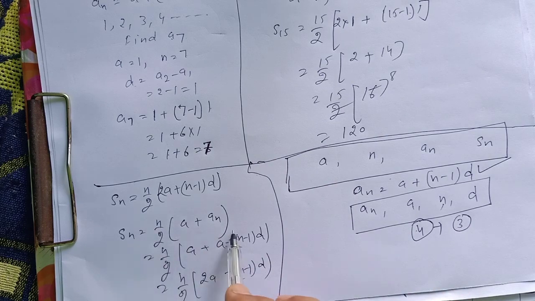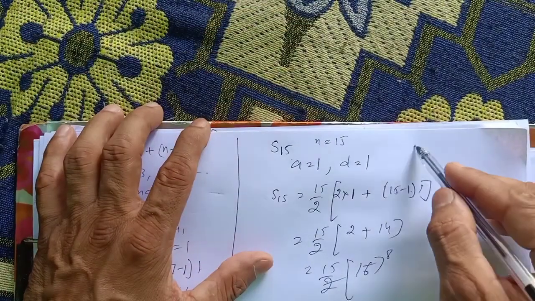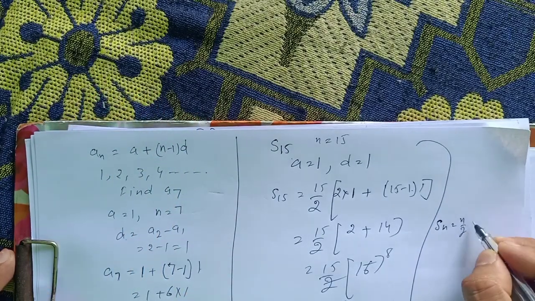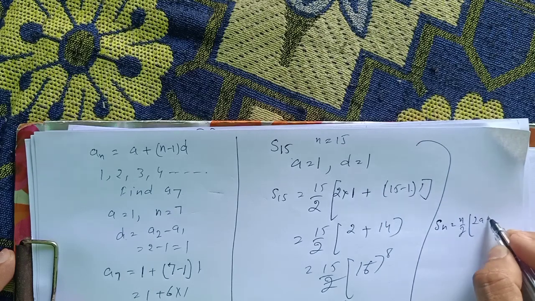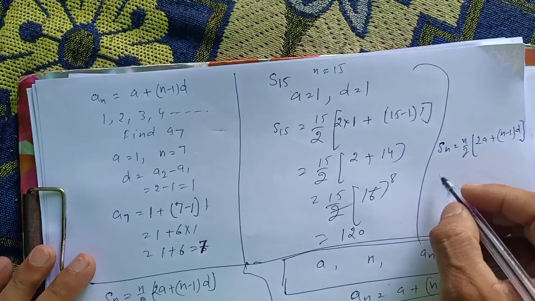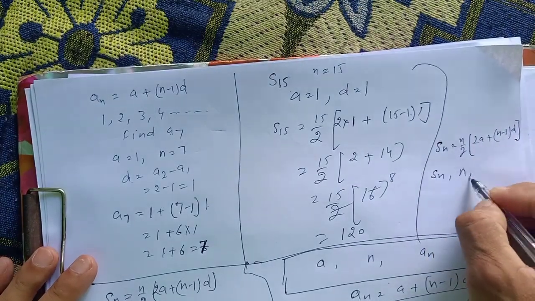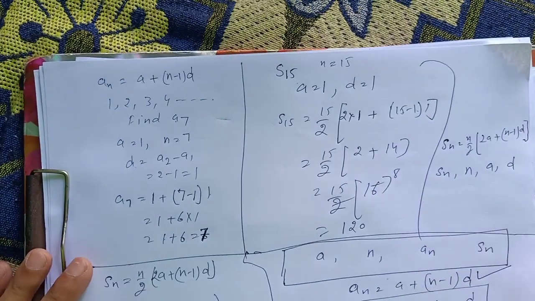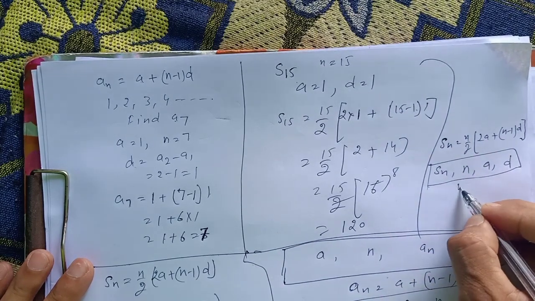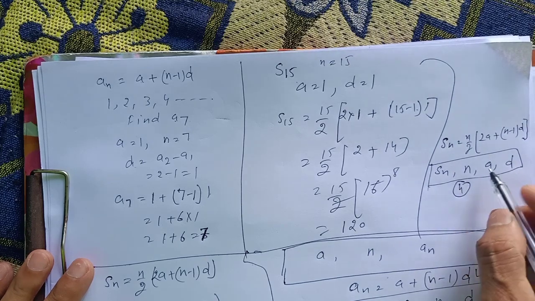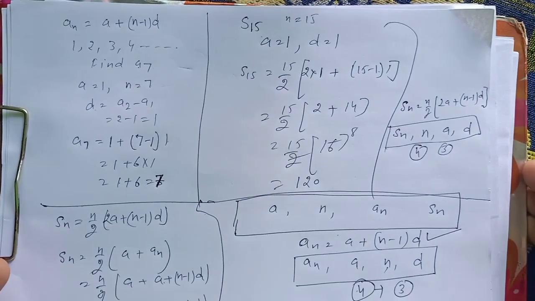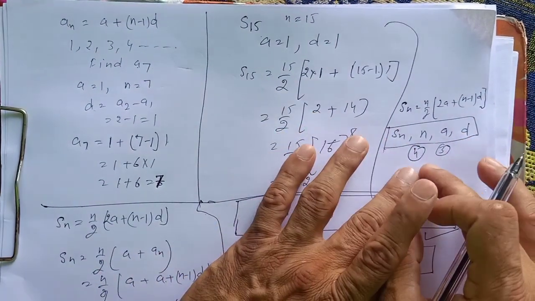Similarly, in this Sn is equal to n by 2 into 2a plus n minus 1 into d. Again here, this is Sn, n, a and d. We have 4 quantities. If we know 3, then the fourth can be calculated. 3 हमें पता है तो चौथी हम कैलकुलेट कर सकेंगे.